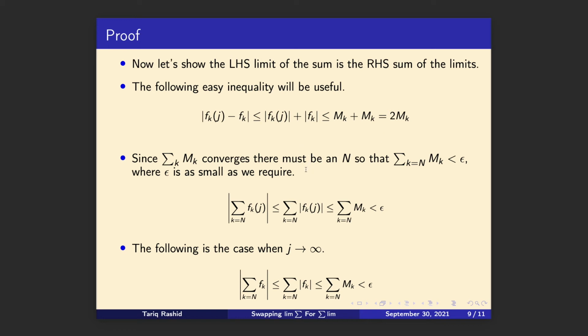The next inequality we're going to develop requires us to think about this sum, mk. Remember, it was an infinite sum, and because it's an infinite sum that converges, the terms tend towards 0, as in the tail of this series gets smaller and smaller and smaller.